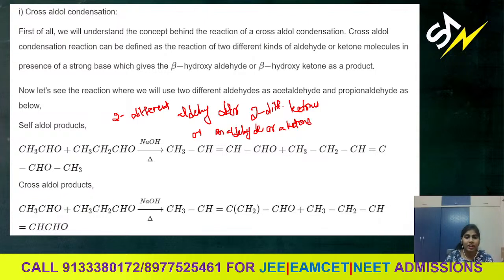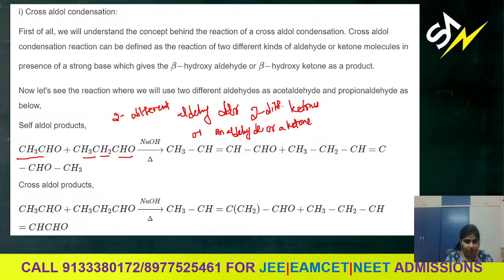This type of crossed aldol condensation takes place when we change the reactants. You can see here the reaction between CH3CHO and CH3CH2CHO. The same mechanism is followed here, and the products formed will be the cross aldol products.